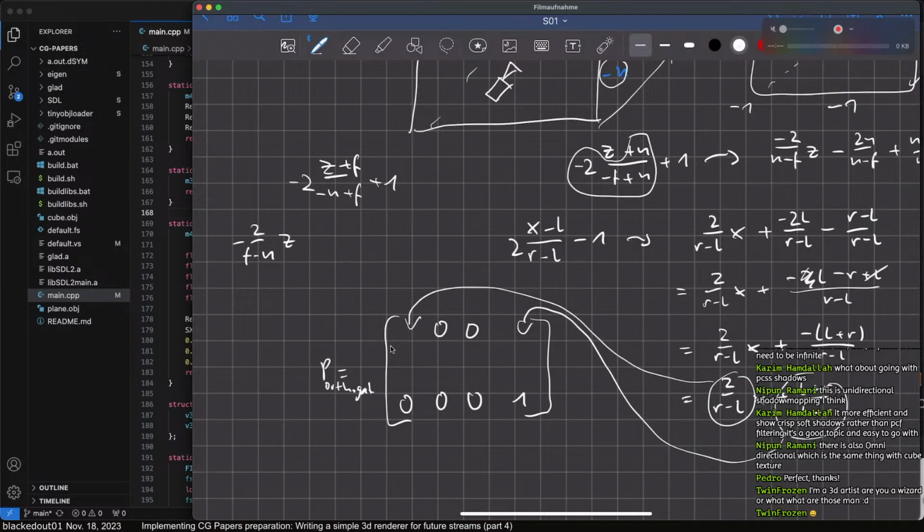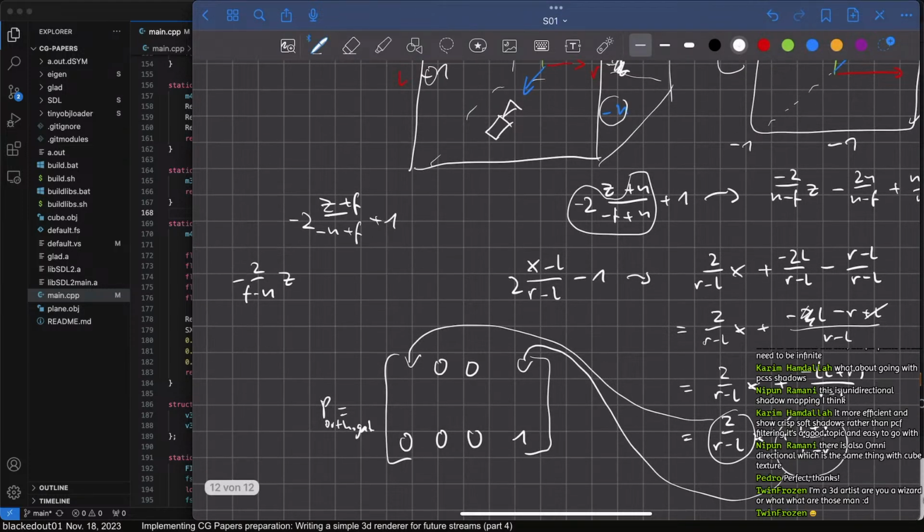This is the scaling factor. And then again, the translation, which is minus 2f over f minus n plus f minus n over f minus n.